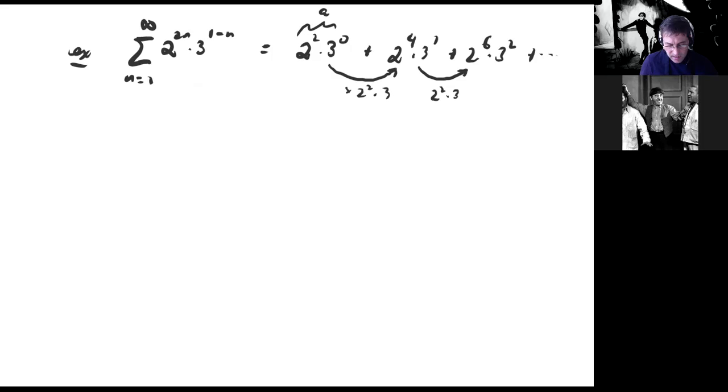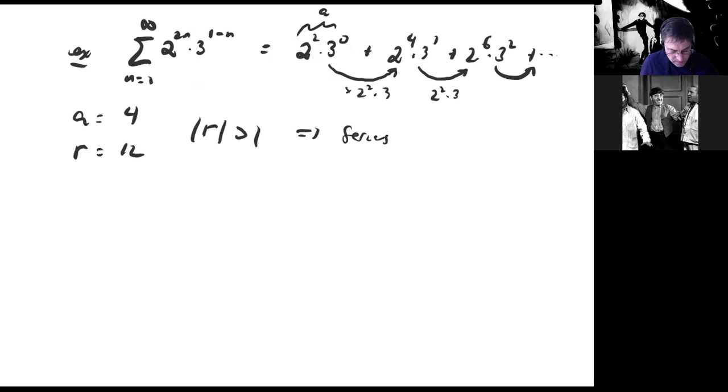We get to the next term, and so on. So this is geometric, and a is 2 squared times 3 to the 0, which is 4, and r is 2 squared times 3, which is 12. So since r has absolute value bigger than 1, the series diverges. Okay, so that's an example.